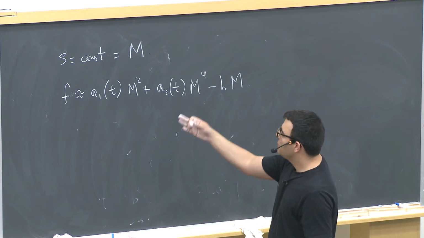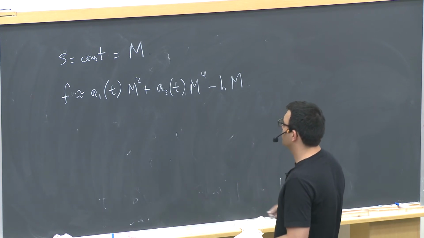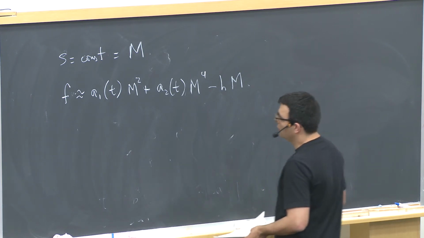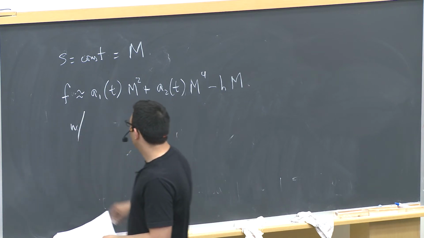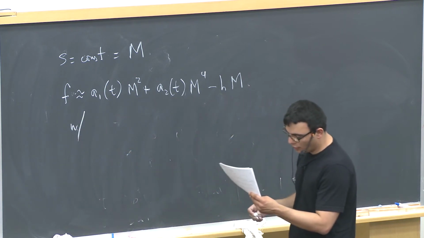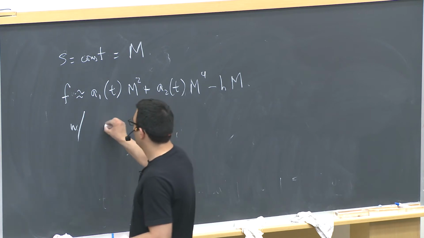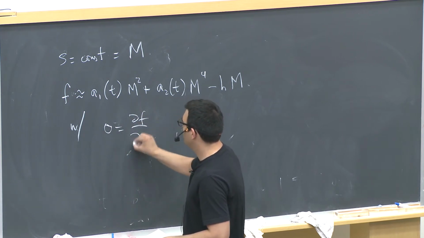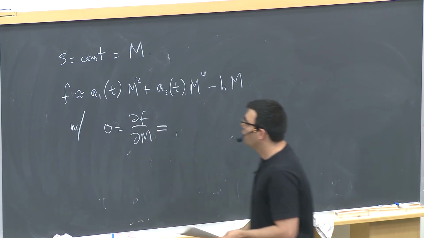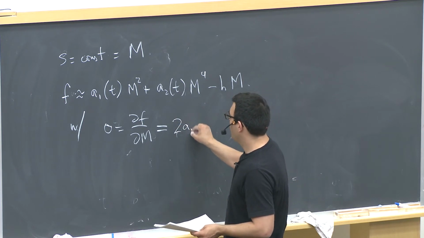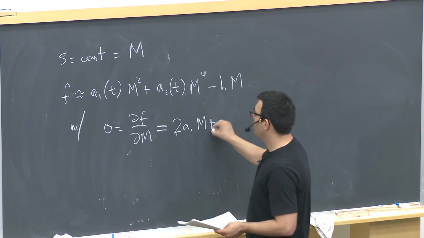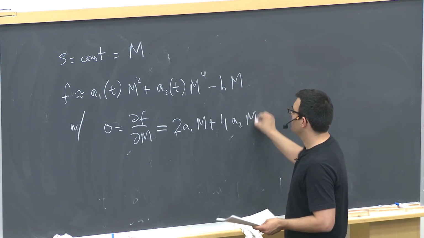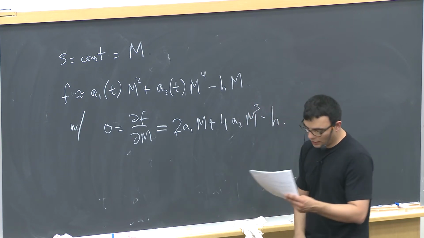And in order to minimize this, we should just minimize this function as a function of m. So the minimization condition is that df by dm is 0. So that is 2a1 times m plus 4a2 times m cubed minus h. That thing should be 0.